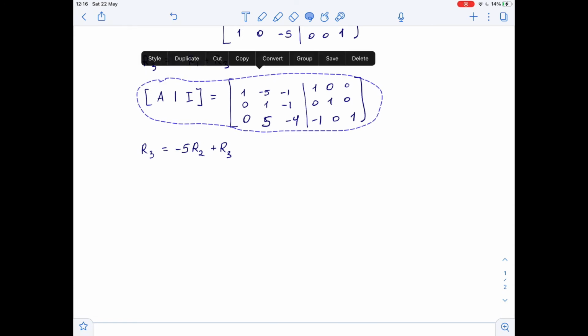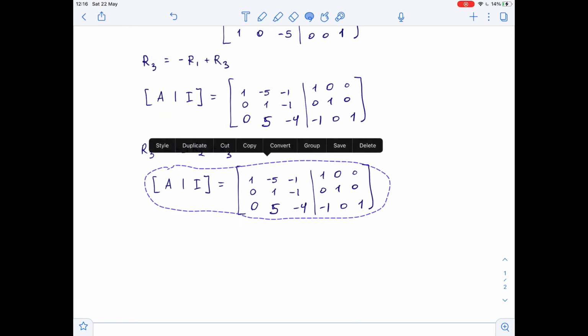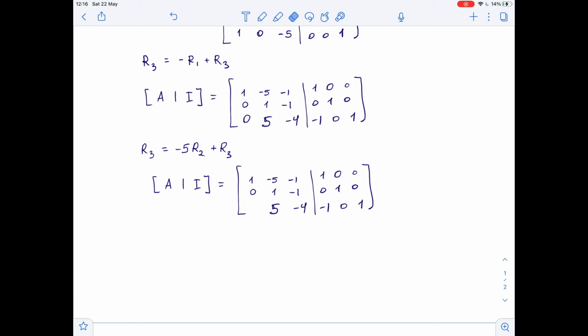Again, I'll just duplicate this and erase the last line. So now here we still have 0. Instead of 5, we will have 0, and instead of negative 4 we will get 1. Here we will again have negative 1, and here we will have negative 5, and here we will have 1.